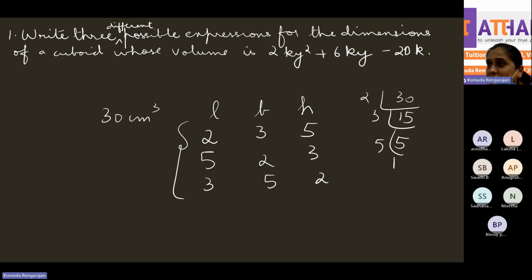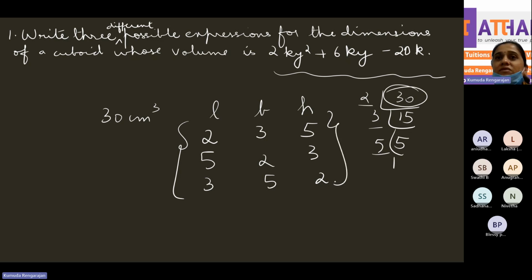Is the question clear? Now here we have an algebraic expression. You should factorize this, like you factorize 30. You found 2, 3, and 5, the factors of 30, and using that you gave different combinations for the dimensions.